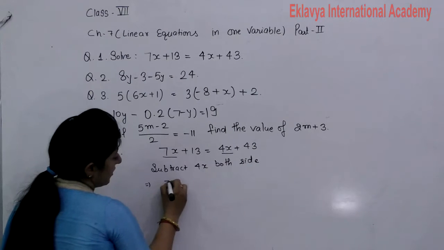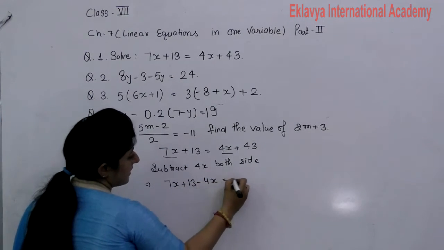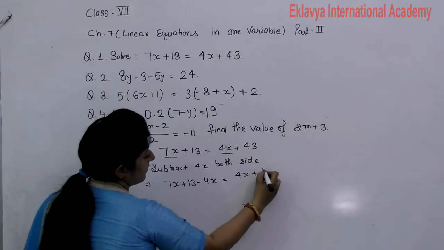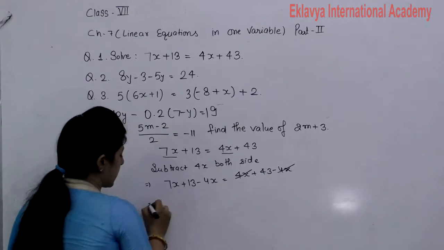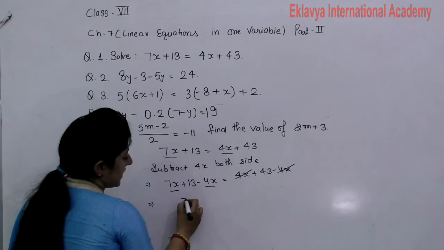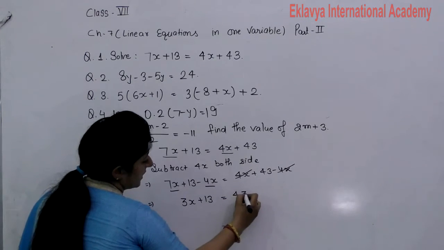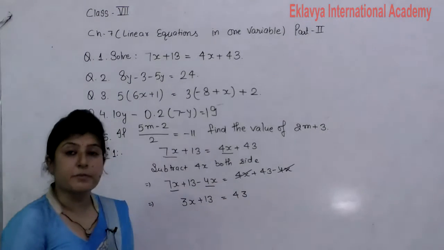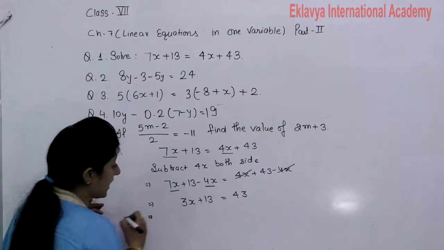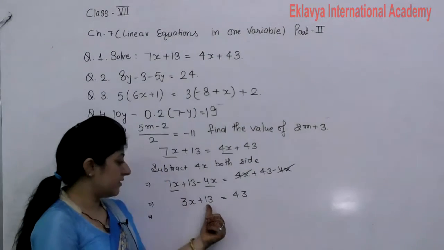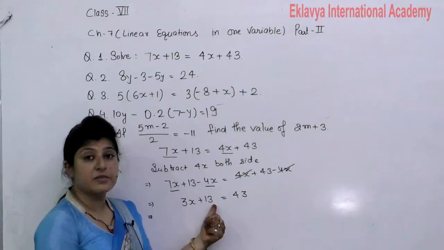Then our equation becomes 7x plus 13 minus 4x, 4x plus 43 minus 4x. 4x and 4x cancel, 7x minus 4x becomes 3x plus 13 is equal to 43. Now it becomes a simple equation as we already solved. Now see, there is only one variable term, and there are constant terms 13 and 43.